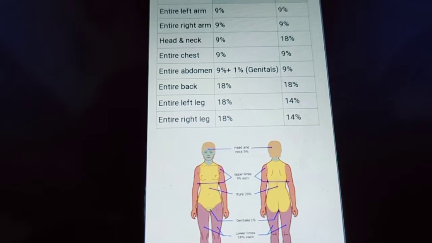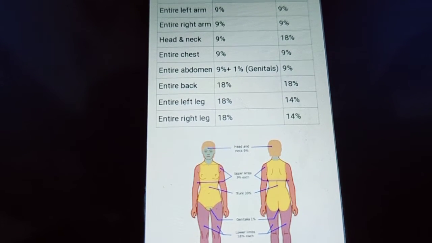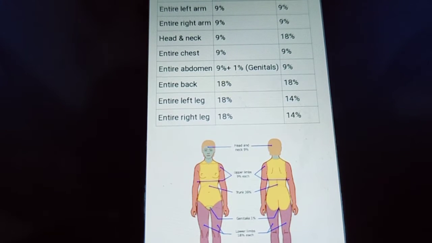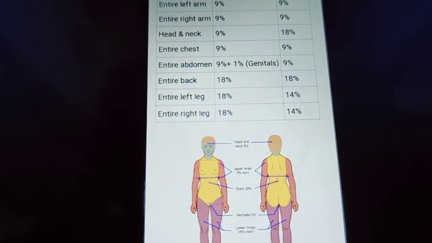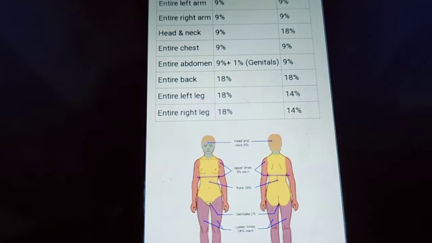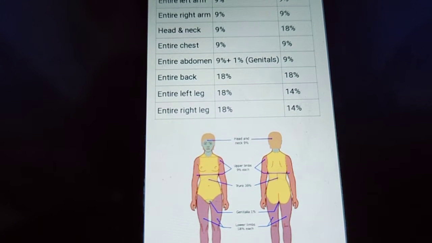18% for the anterior trunk and 18% for the posterior trunk, or back. These can again be divided as 9% for the anterior chest and 9% for the anterior abdomen, and 9% for the posterior chest and 9% for the posterior abdomen.